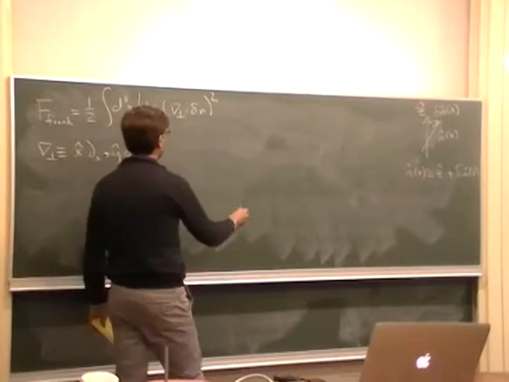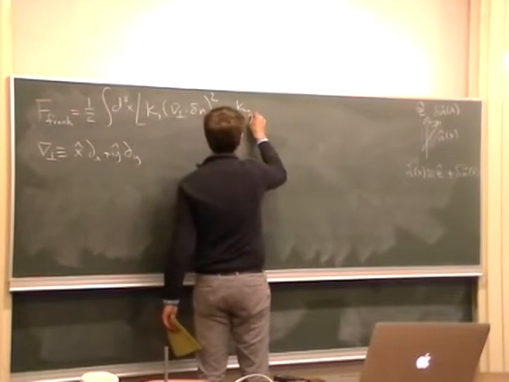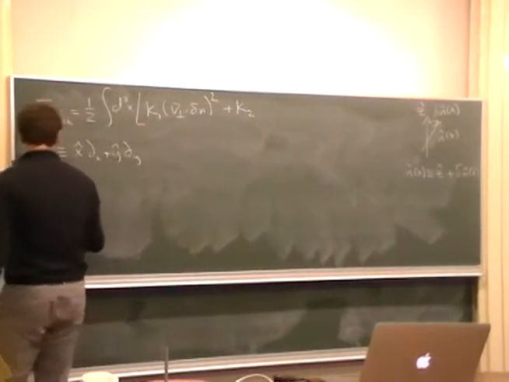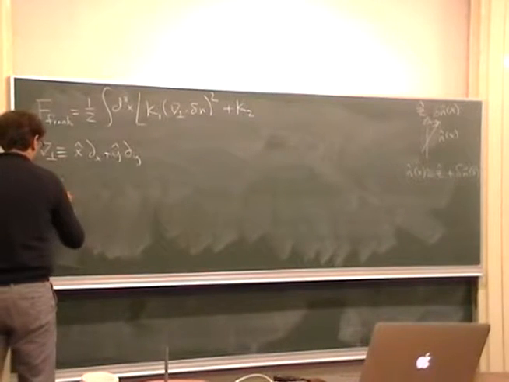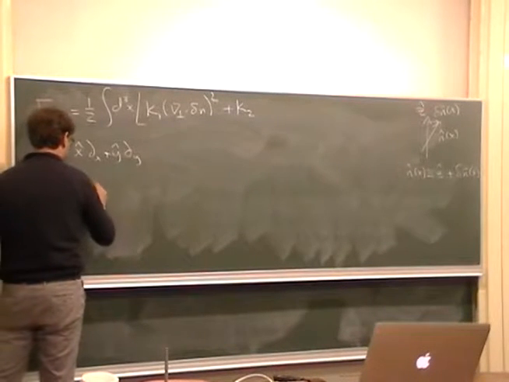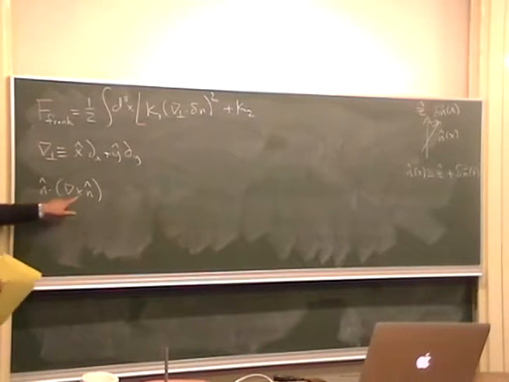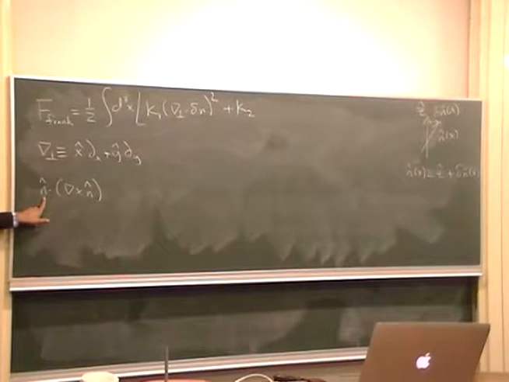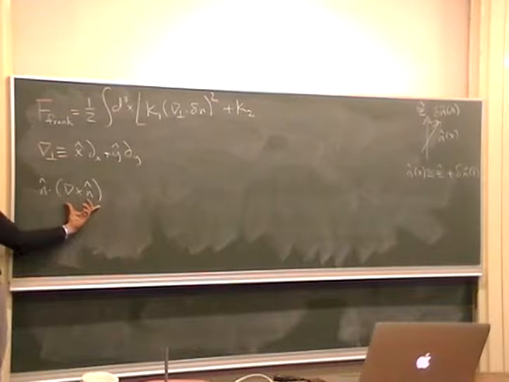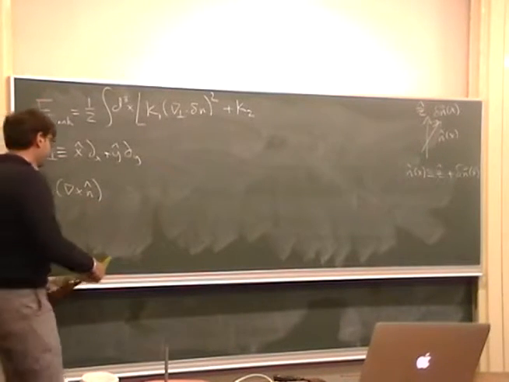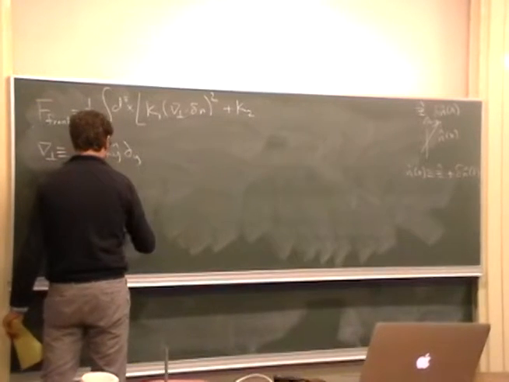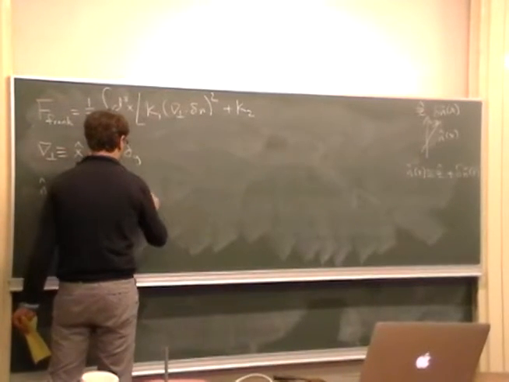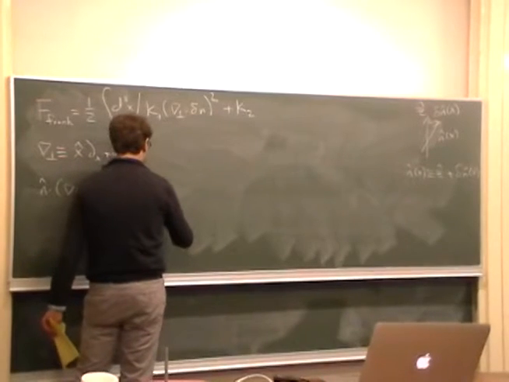Likewise, the twist, the full twist operator is n dot curl of n. On average, most of n is in the z direction, so in fact all we're interested in is the z component of the twist, which I'll write as del perp cross delta n.